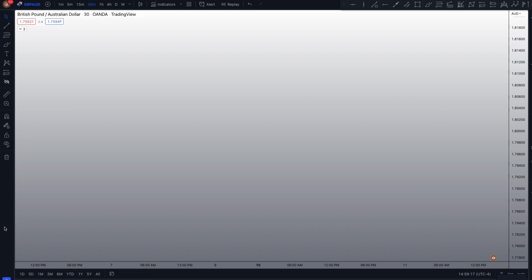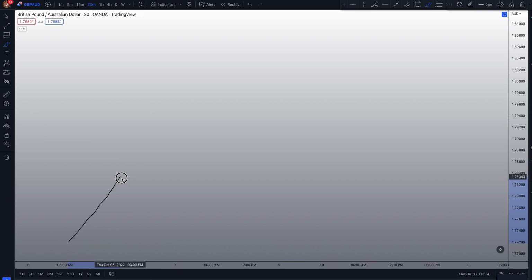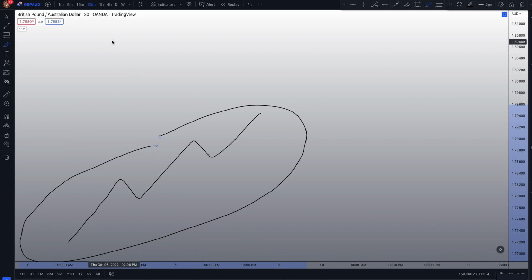So the first thing we have to do if we see something that we think might be a cup and handle is identify which way the market is going previous to the beginning of the cup and handle. Because remember, sometimes we can see a move that we think is the market going up, and really it's just a pullback on a much bigger down move.